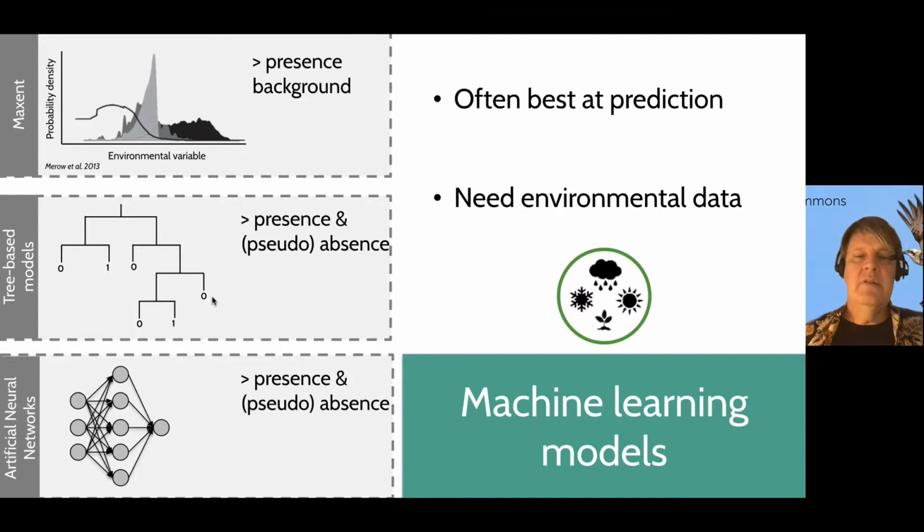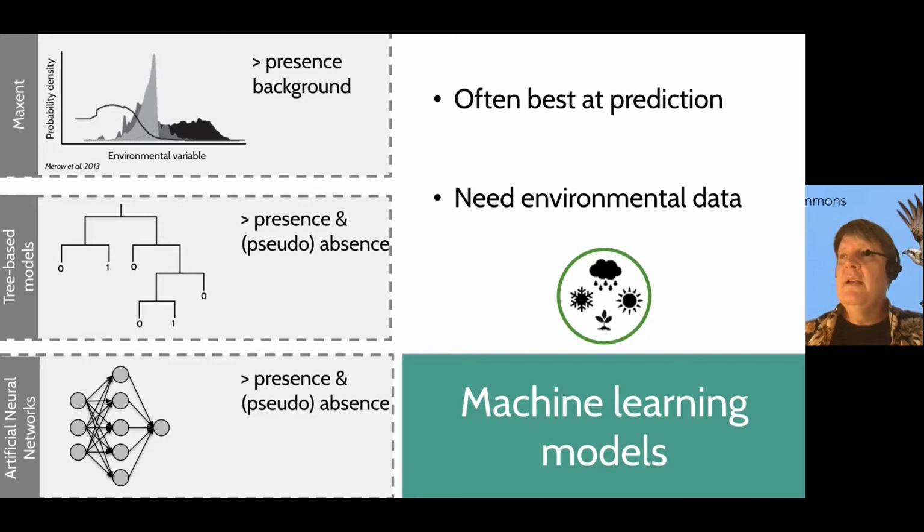These are tree-based models, also very good at predicting, and artificial neural networks. They're relatively new on the scene, and often a simple tree-based model will do as well or better than an artificial neural network. These are generally best suited to very complex problems.